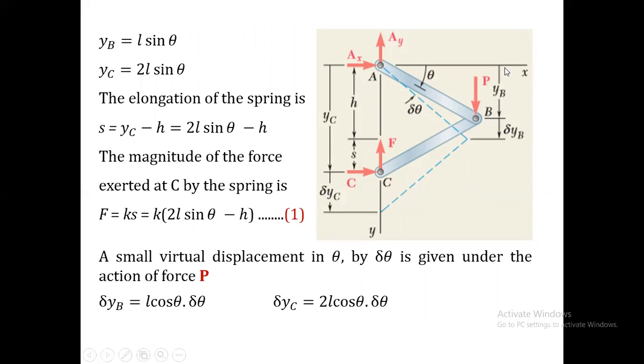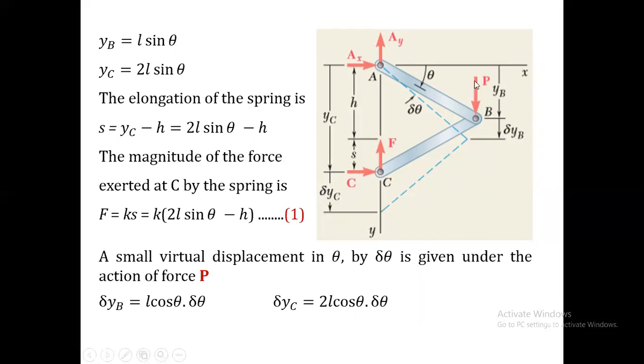If you give a small virtual displacement, originally this link is at an angle theta, and this link will rotate further by an angle delta theta, which will create a change of delta YB at point B, and this will also cause a change of delta YC.